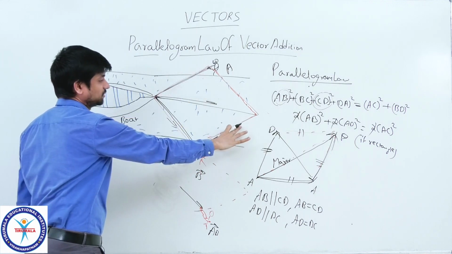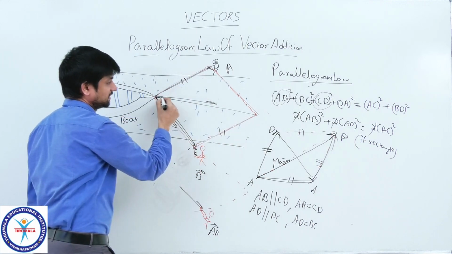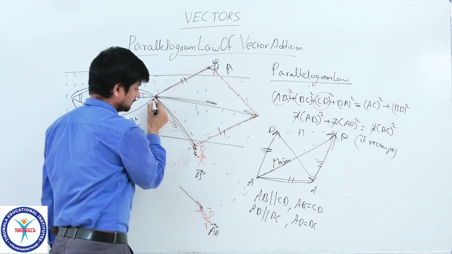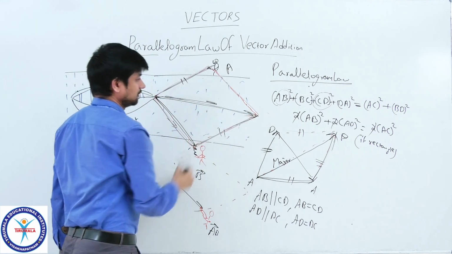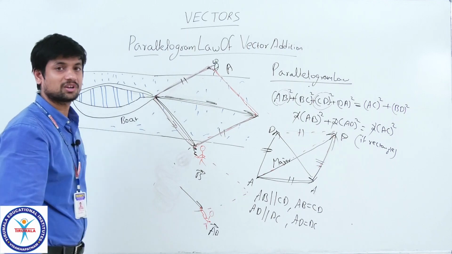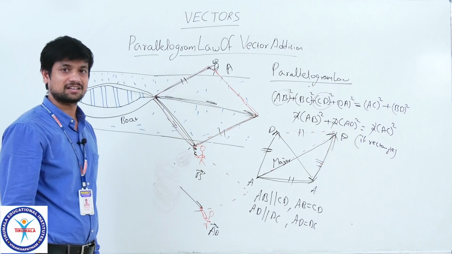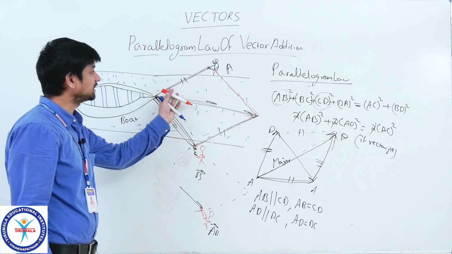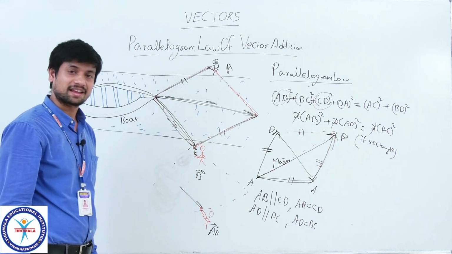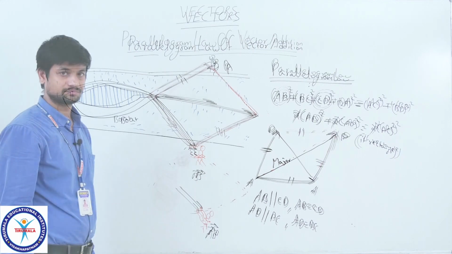So this one and this one represent the sides, and this is the resultant. Did you understand? So, in this way we are going to calculate for the parallelogram. The same way we followed the triangular law of vector addition, we will reduce this to a triangle, then apply the formula.